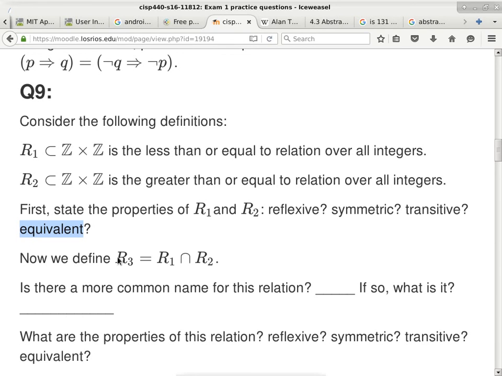Now we will go ahead and define a new relation, R3, which is the intersection between R1 and R2. So now I'm going to do the same thing with R3. First of all, what is the more common name of R3? Equivalence, or equal to. If you like to use the operator equal to, that's fine too. So with that one, is it reflexive?